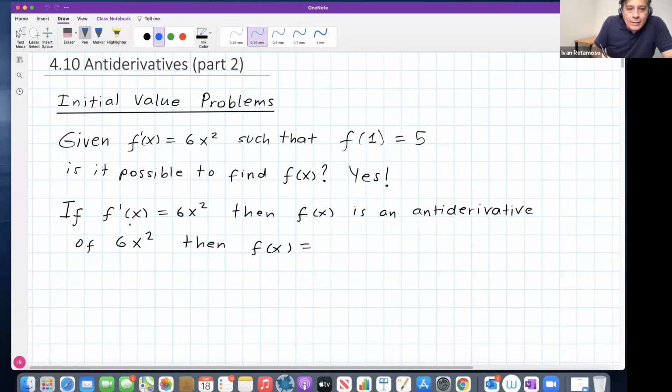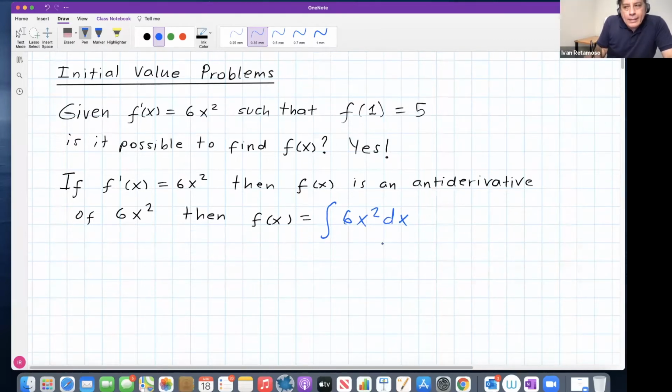Look, the derivative of f equals 6x squared, then f of x is the antiderivative of 6x squared. So we can start by taking the antiderivative of this function, at least to know the family of functions whose derivative is this. We take the constant outside.